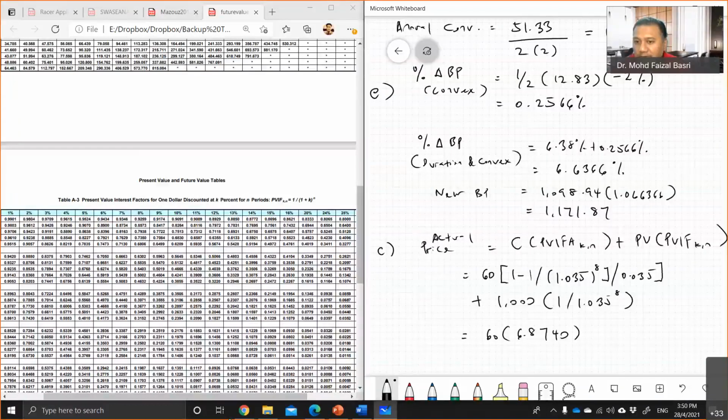It's 1.035 to the power of 8, then 1 divided by that. You get an answer, and then 1 minus that. It's not 1 minus 1 giving 0, as you all know. Mathematically, you divide first and then subtract, and then divide by 0.035. And we add 1000.